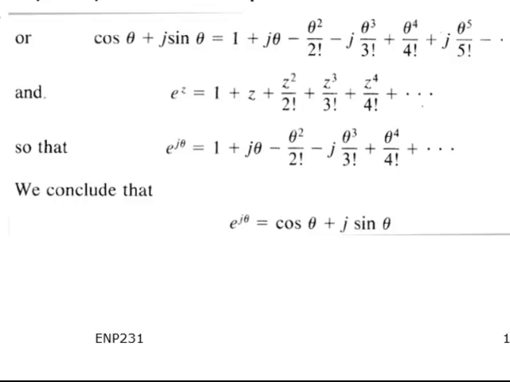Then what we do is we write the power series for e to the z, and that turns out to be 1 plus z plus z squared over 2 factorial plus z cubed over 3 factorial, etc. And then finally we basically do a substitution, replace z with j theta. And when you plug that in, whenever you have an odd power of z, so z cubed, you end up with theta cubed and then a minus j in front of it.